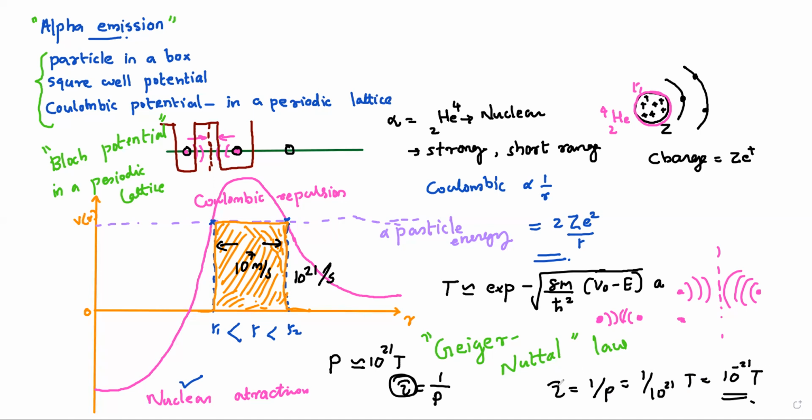Now in terms of tau, that is 1 by P, the Geiger Nuttall law says that the natural logarithm of lambda is equal to a plus b, where a is a constant, b is a constant, and lambda is the disintegration constant.